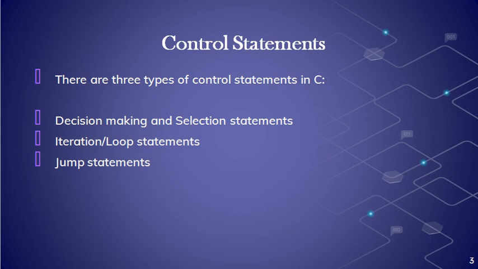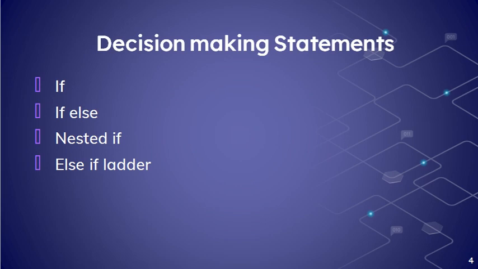The first category is decision making and selection statements. This includes different statements. We will look at decision making statements first. What are the decision making statements? These statements maintain the flow of the program based on a decision.